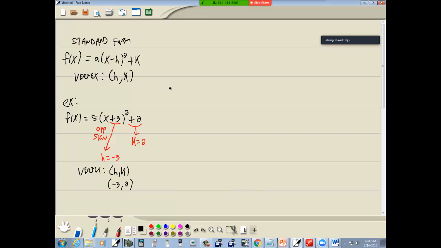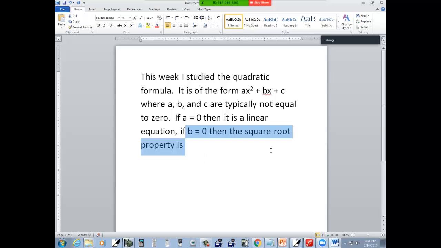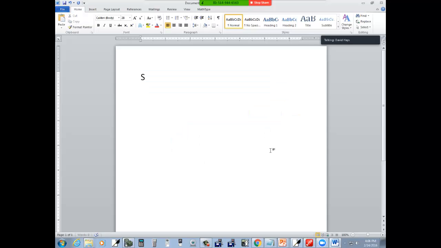Now there's two forms. There's standard form, which is of the form f of x is equal to a times x minus h squared plus k.